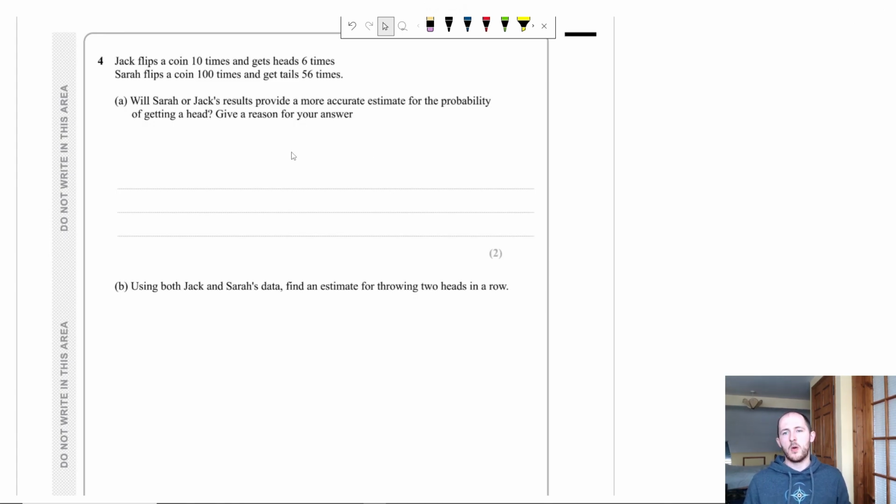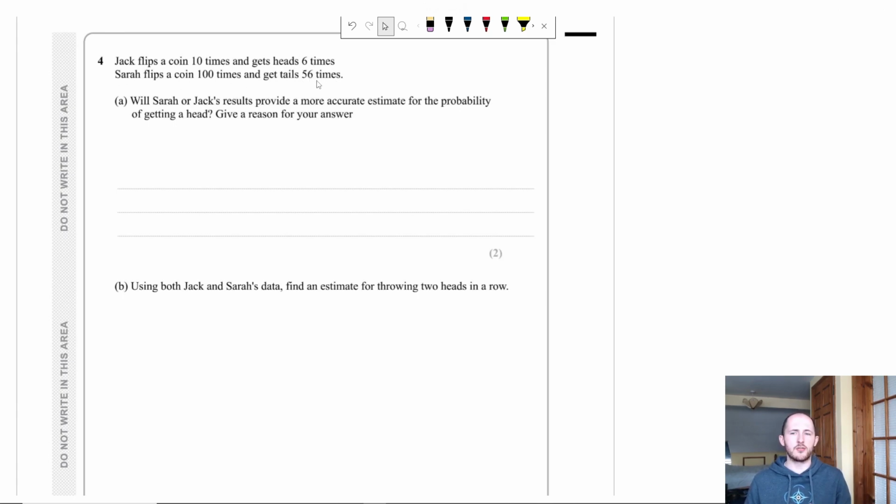Well, the only variable here, the only thing that affects accurate or reliable when it comes to probability, the only thing is the number of times you do it. Okay? So in this case, it doesn't matter that Sarah flipped and got tails this many times. It doesn't matter about the heads either.